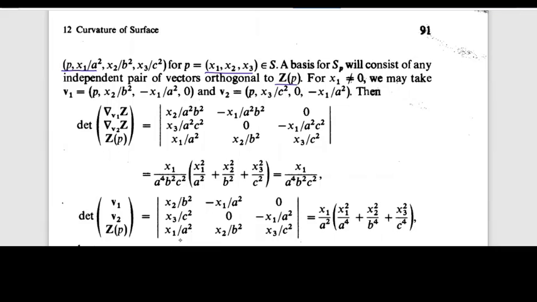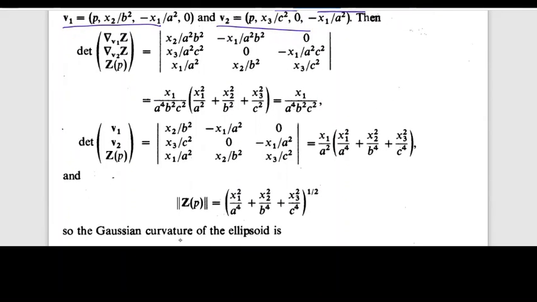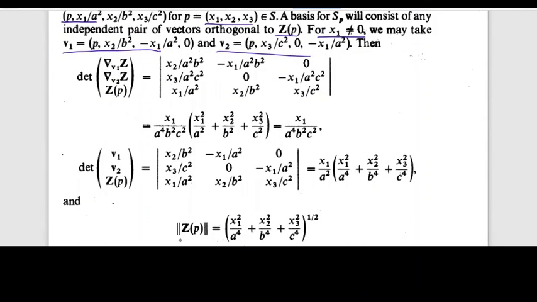Now for x1 not equal to 0, we may take v1 equal to p (x2 by b square, minus x1 by a square, 0), and v2 equal to p (x3 by c square, 0, minus x1 by a square). Then determinant of del v1 z, del v2 z, z of p is what we need.